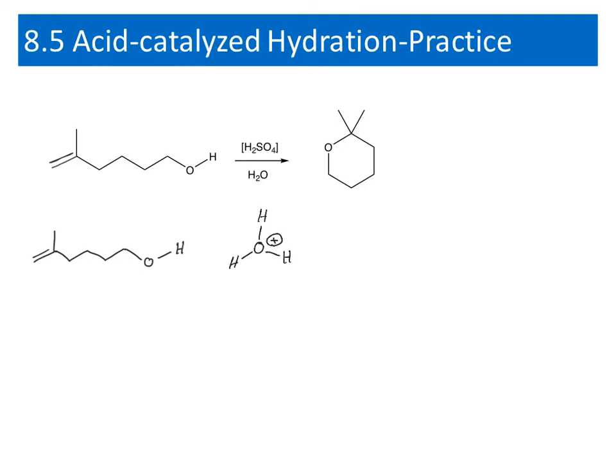So in the first step, the pi bond, similar to previous steps, will attack the hydronium ion, and through proton transfer we are going to form this product, and hydrogen will be added to the less substituted carbon to form the more stable carbocation.